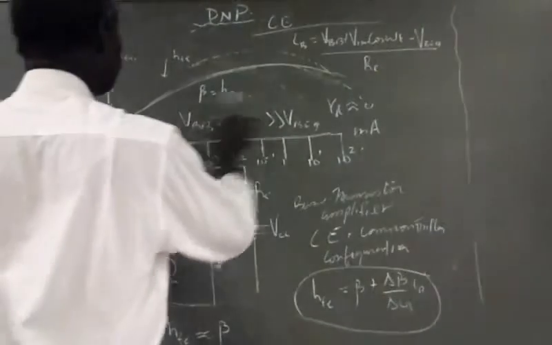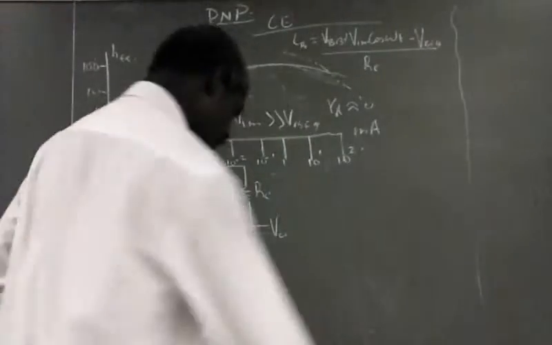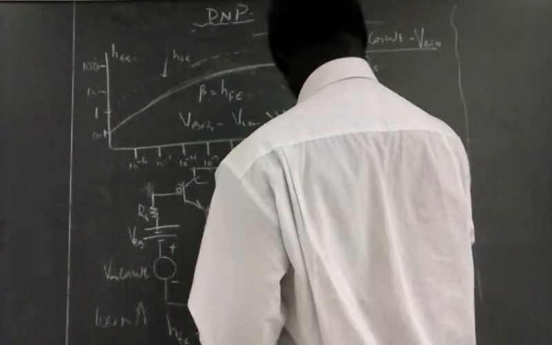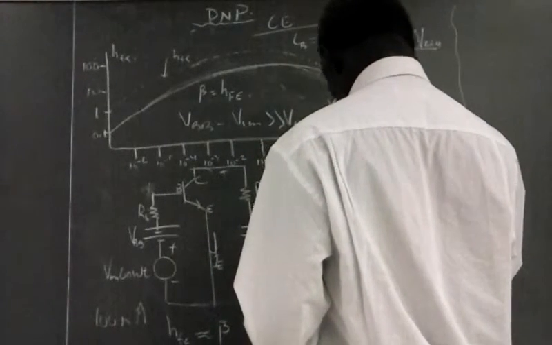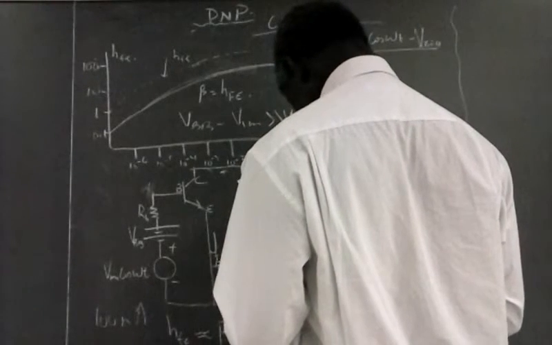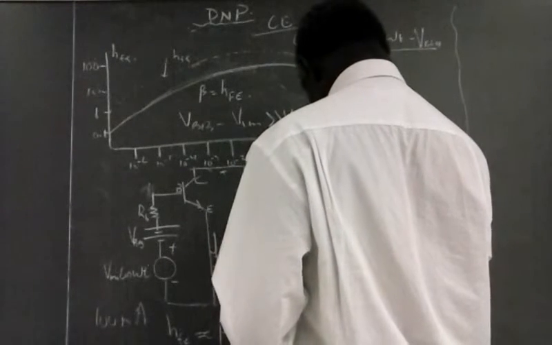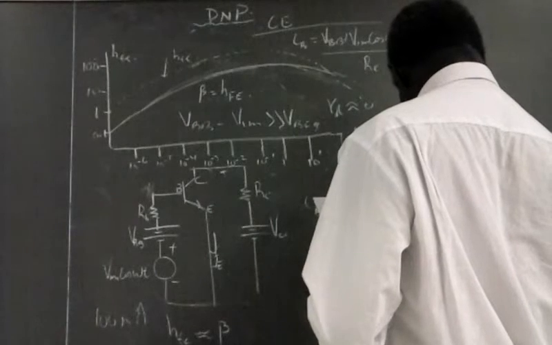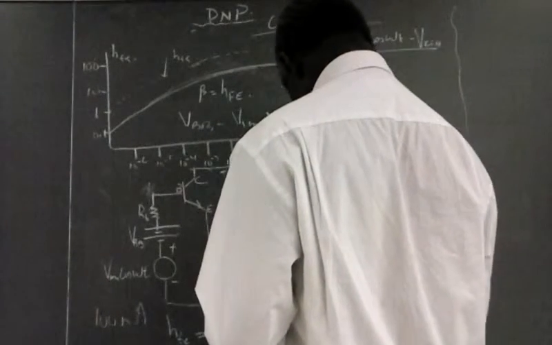Let's write this here. I_B will be given as I_B equals the DC component plus the AC component.